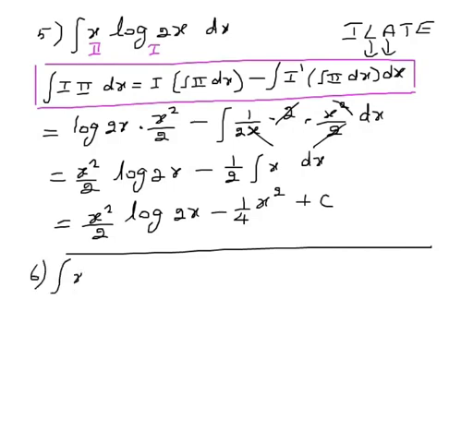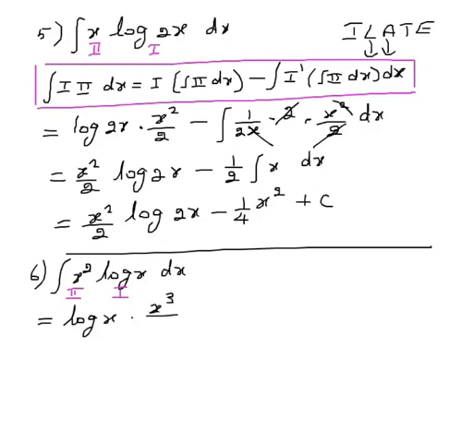Question number 6. Integral x square times log x dx. Similar question, algebraic and logarithmic. Let us use by parts formula. You write the formula and then apply it. First function into integral of the second function.